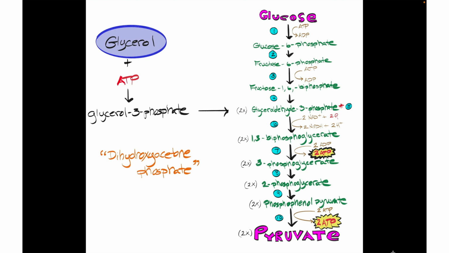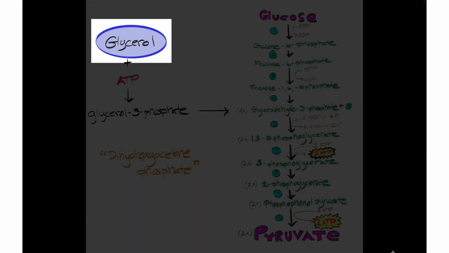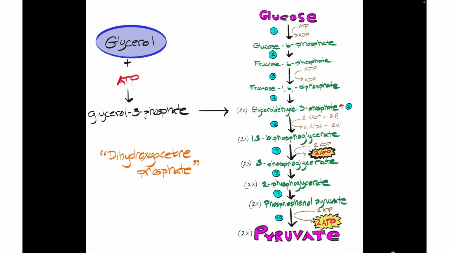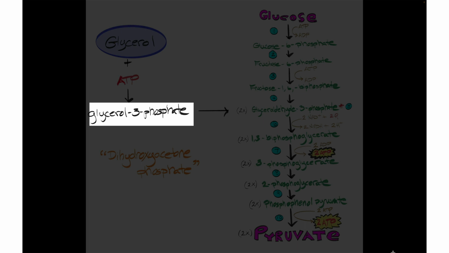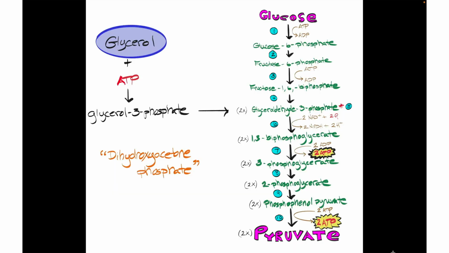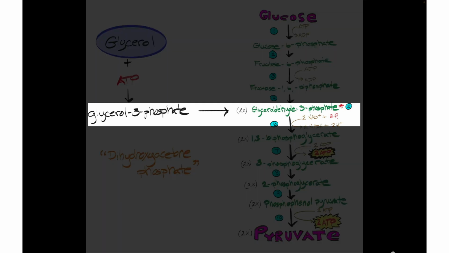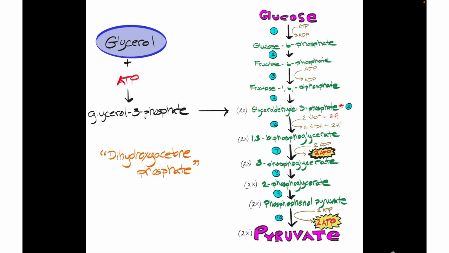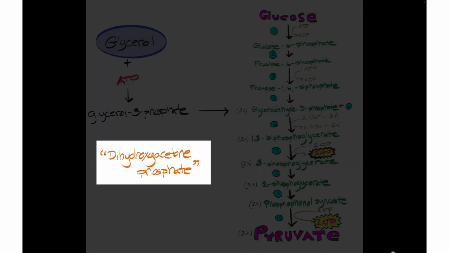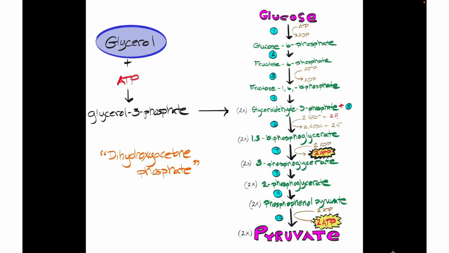This image right here is showing glycerol in the upper left-hand corner. Glycerol, when it reacts with ATP, is going to make a molecule known as glycerol 3-phosphate, which will then enter at roughly step 5 in glycolysis. Now, to be clear, glycerol 3-phosphate is going to be converted directly into dihydroxyacetone phosphate, which I mentioned earlier, which in step 5 fluctuates between DHAP and glyceraldehyde 3-phosphate, which is the form that proceeds down to step 6.